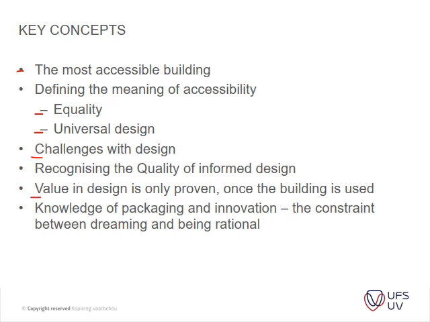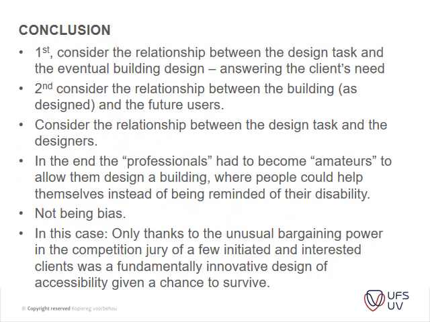So it's only really tested when the building is being used. There is knowledge of packaging and innovation, the constraint between dreaming and being rational, as I said earlier. Being innovative doesn't only mean being a dreamer. You have to create something which is actually usable by everyone. The term value comes to mind again.